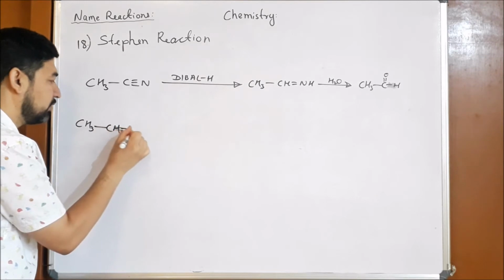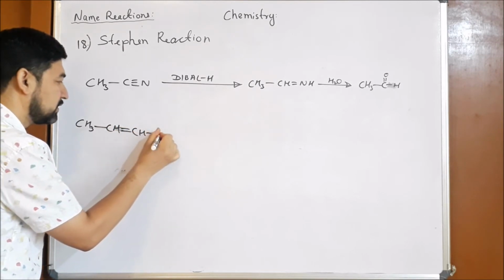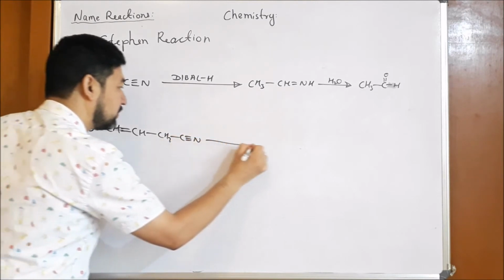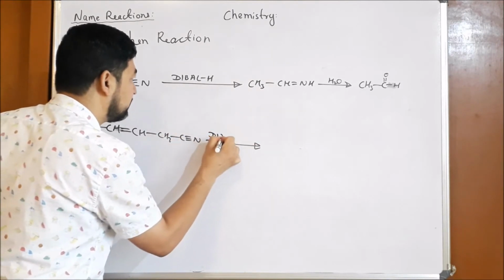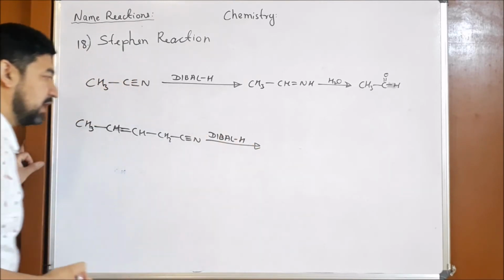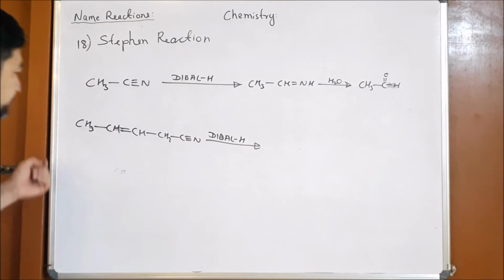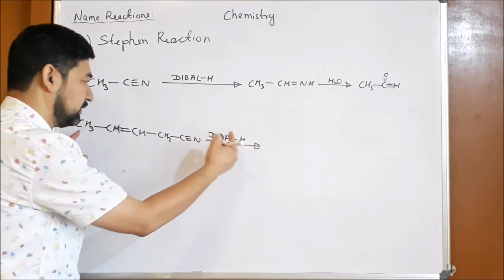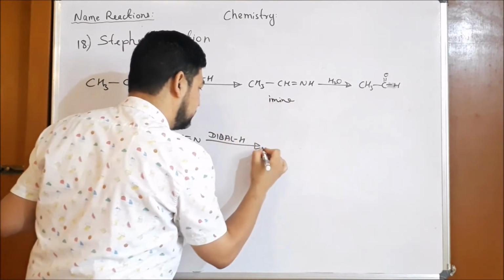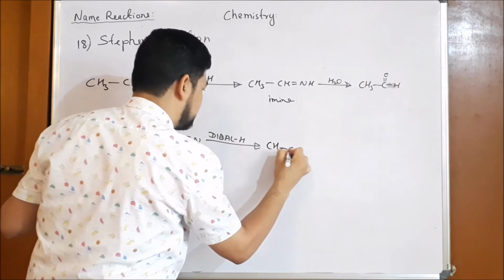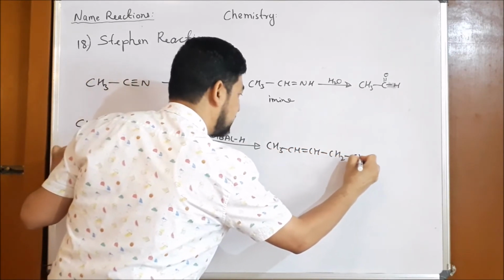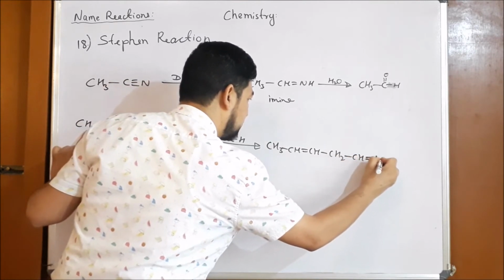We have this molecule, so when we use DIBAL-H, diisobutyl aluminum hydride, the same thing, an imine will form. So CH3CH=CHCH2CH=NH.